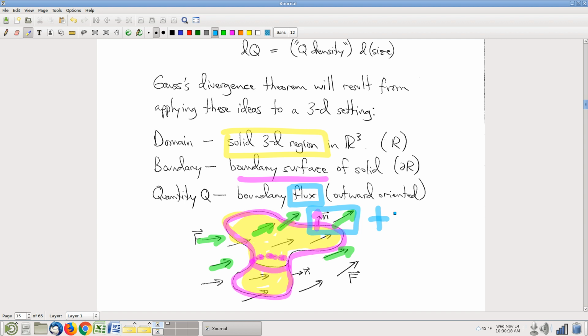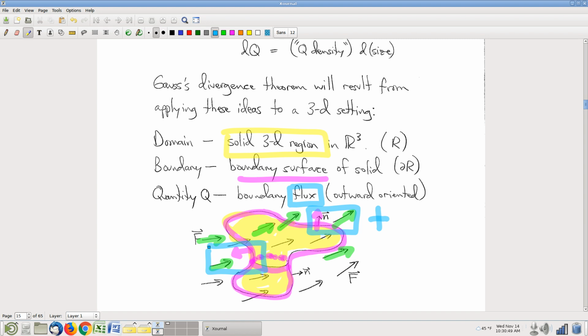You can see, because at least the way I have it drawn there, the green vector dot the purple vector is an acute angle, so it's a positive dot product. So we're going to get a positive flux there, and in fact the fluid is flowing outward. Whereas here, I need another normal vector over here. In this general area of the boundary, the fluid is flowing inward.